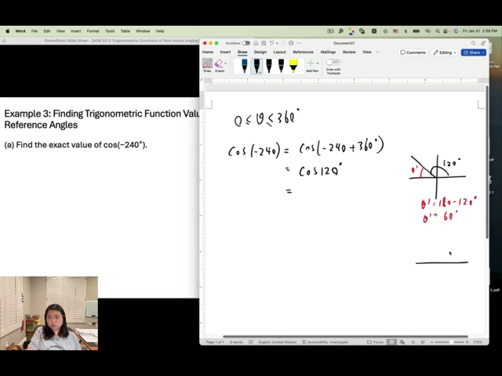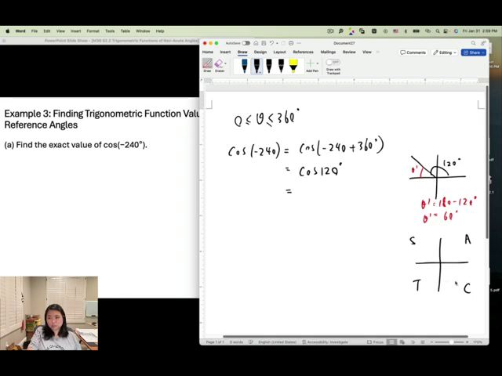Okay, remember we learned from chapter 4 the CAST rule, right? This is talking about all the trigonometric functions in quadrant 1 being positive. In quadrant 2, it's only sine and cosecant. This one is going to be tangent and cotangent positive.